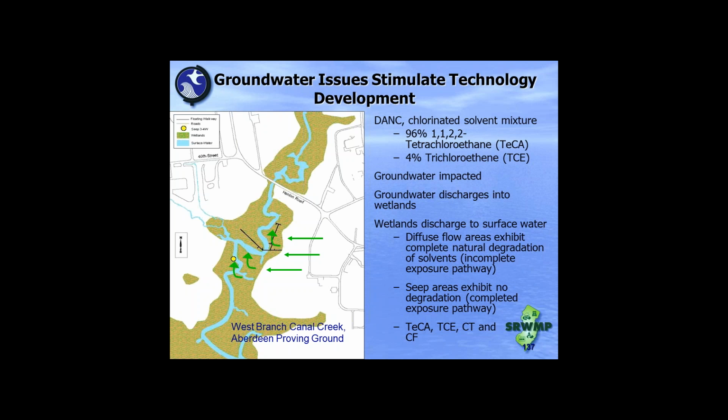And even though those might represent a relatively small fraction of the total groundwater discharged into the water body, they were found to contain a much higher percentage of the contaminants being discharged to the surface water body. So an important point of discharge in terms of impact.